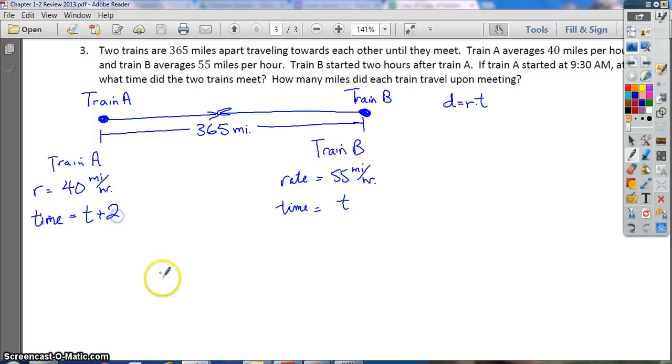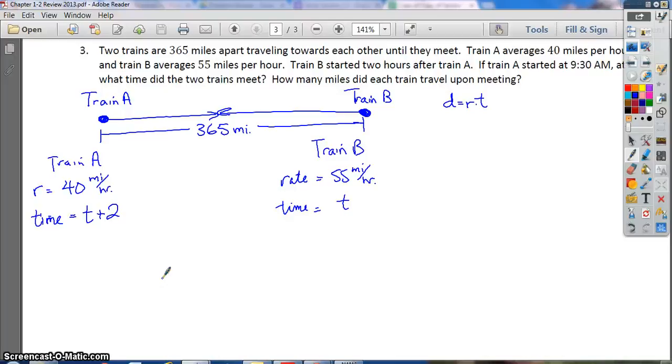So I'm going to add 2 hours to the amount of time that train B traveled, because I'm an optimist most of the time. But anyway, if train A started at 9:30, I don't care about that right now. Let's just solve for how long it took for them to meet. Then we can start looking at what time.